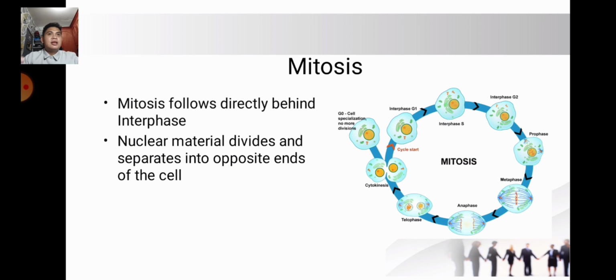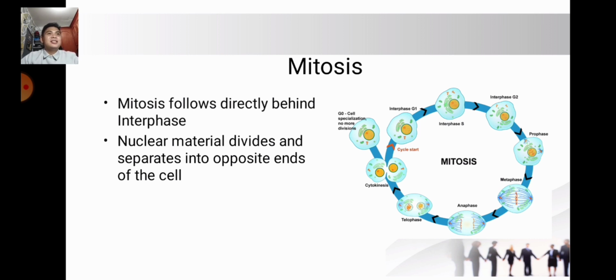The shortening of the kinetochore microtubules occurs, and there is increasing separation of the poles. And also in the part of telophase, the nuclear envelope is reforming around the individual chromosomes and the chromosomes are unraveling.